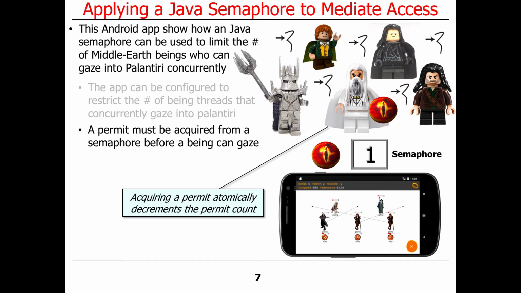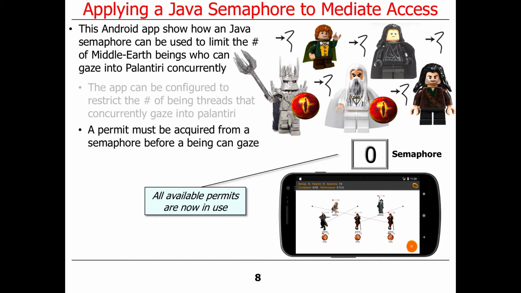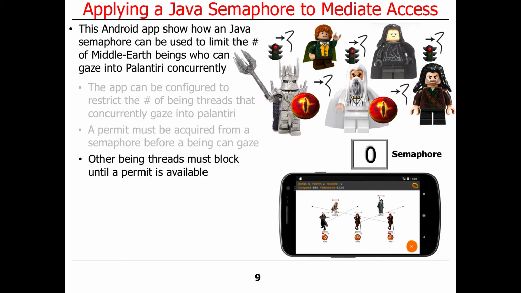Once they get it, that automatically and atomically decrements the permit count by 1, so then that being can go and gaze. If another one grabs another Palantir and starts to gaze, the count drops to 0, so nobody else can go at that point. And in fact, that actually happens in the movie or in the book, if you know that. The other threads here are going to have to block while these guys are off gazing into the Palantir.